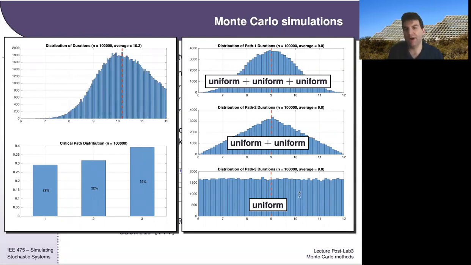So here, by saying that there's no sum, it's just a uniform distribution, we're basically saying yeah, you can get unlucky, you can take a long amount of time, but by saying it's a uniform distribution, we're saying it's just as likely for you to be in the really bad case of taking a long amount of time as it is to be in the really good case of being a very short amount of time.